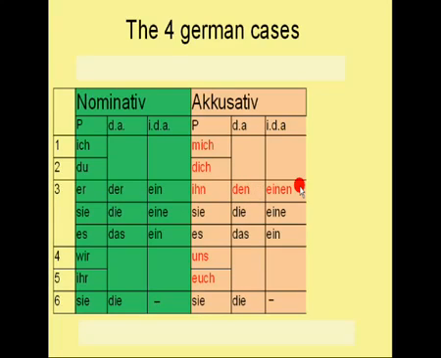And the indefinite article for a male noun in the accusative case is also different than for the male noun in the nominative case. It's einen instead of ein. But the rest of the definite and the indefinite articles for the female and the neuter nouns are the same in the accusative case as in the nominative case.